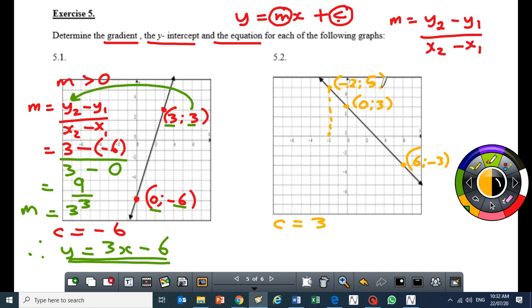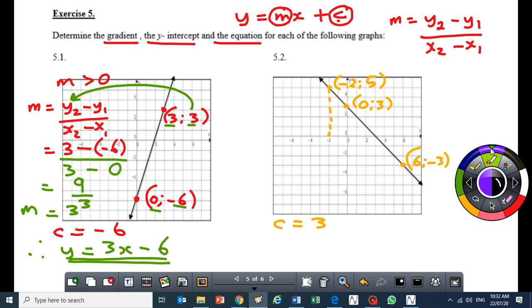Okay, I'm just going to show you something. I'm going to use this point and that point to calculate the gradient. Then I'll also show you that if I use this point and that point, I'll also get the same gradient. So I'm going to do it here.